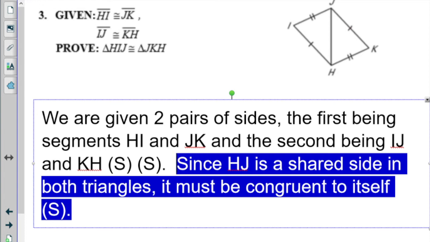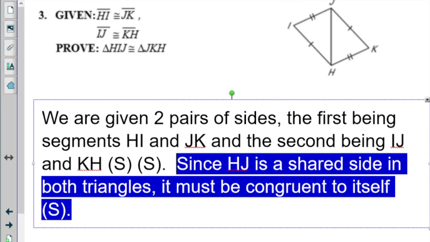You need 2 things. Same as in the 2 column, you need a statement and a reason. You need what is true and why it's true. What is true, you need to say the pair of sides that you are getting. You can say that by matching up what pair of sides it is.